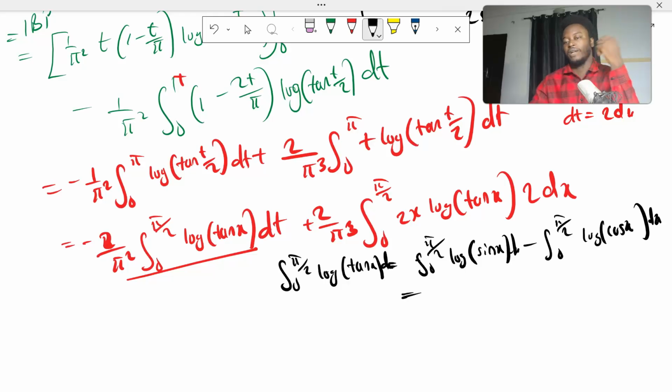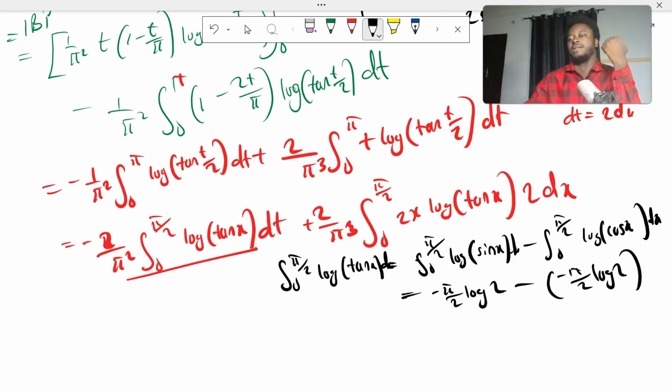Now this first one is equal to negative pi over 2 log 2, and this one is also equal to negative pi over 2 log 2. They are equal to each other, and everything becomes 0. That is why everything here evaluates to 0.